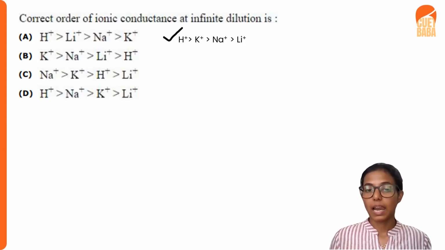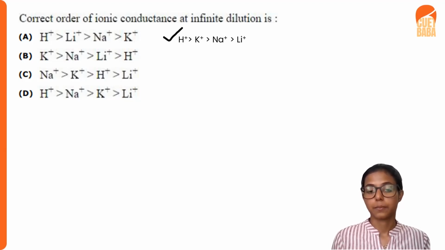But in the case of Li+ ion, the ion is very small in size, but it undergoes hydration very easily. So the size will increase by the hydration of that Li+ ion. So the ionic conductance of Li+ is very low. So the correct order is H+ greater than K+ greater than Na+ greater than Li+.